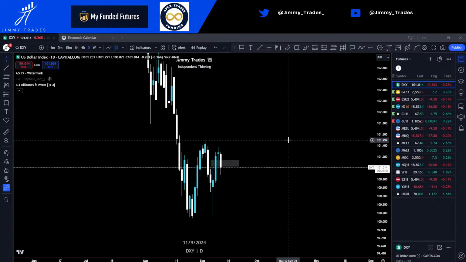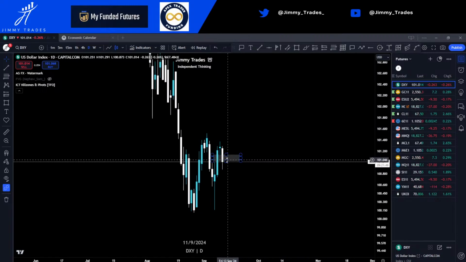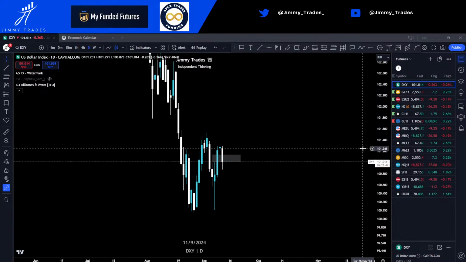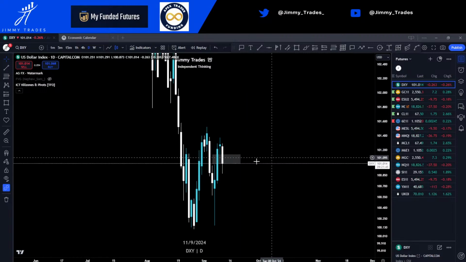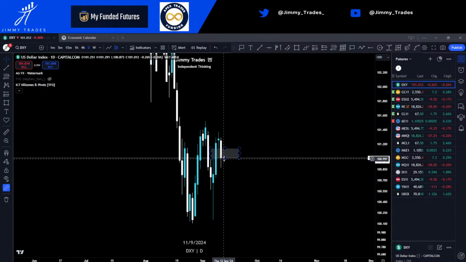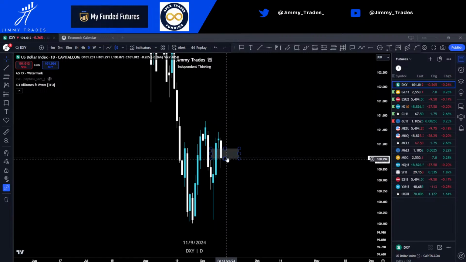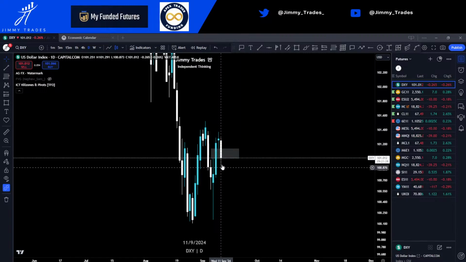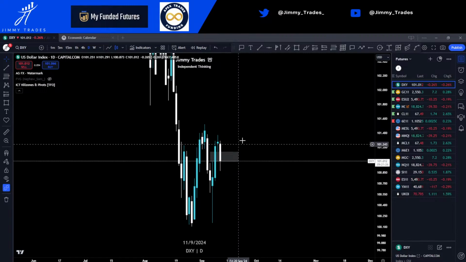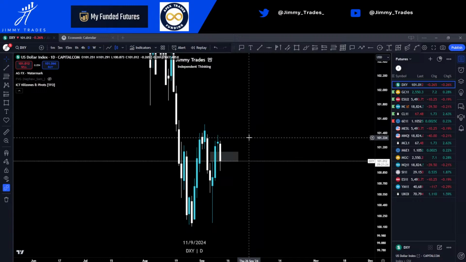We just want to try and keep bias as simple as possible. So at the moment, price is still located in that FVG. It may invalidate that. We have already pushed through, but we haven't got a close below, obviously, because this candle has only just started for the day.